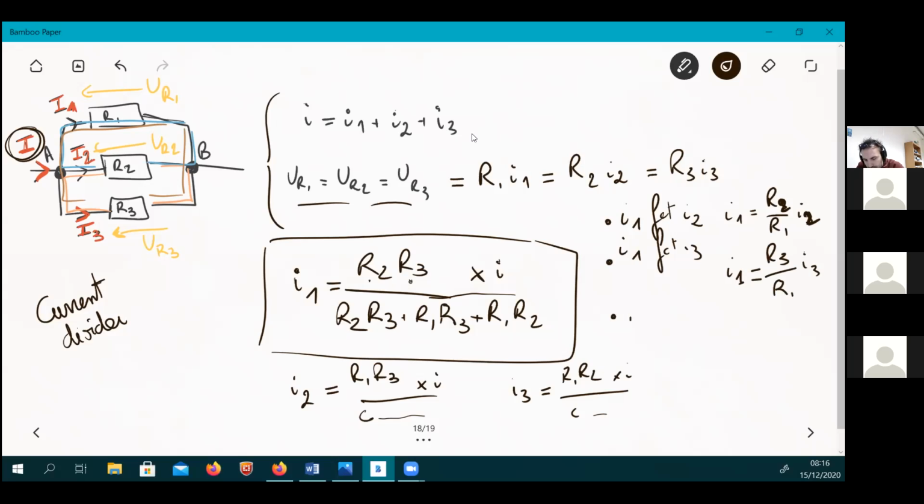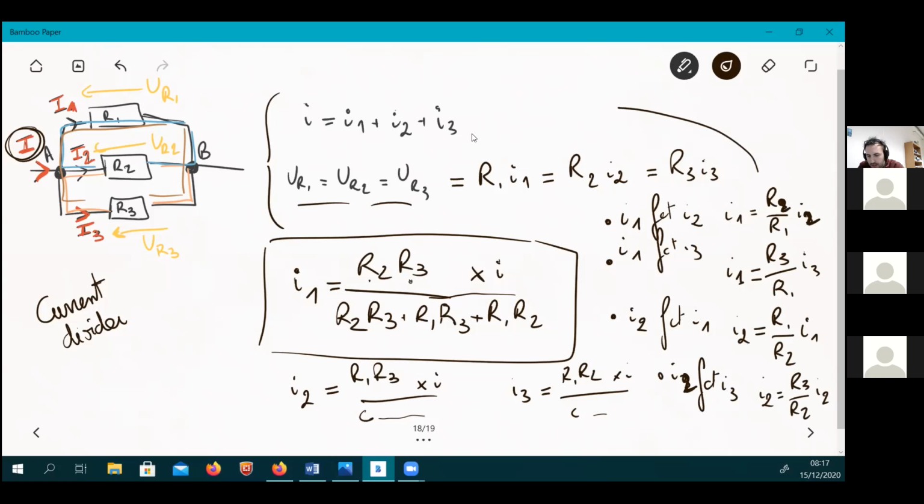You can keep going and write I2 as a function of I1, so I2 equals R1/R2 I1. And I2 as a function of I3, which is R3/R2 I3. Okay, so it's all the expressions here.